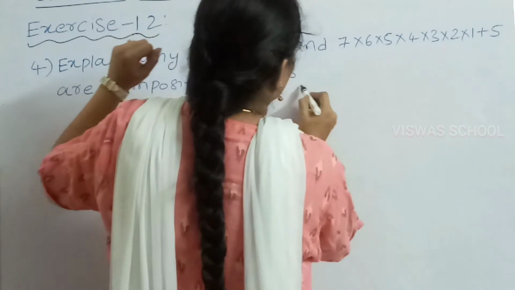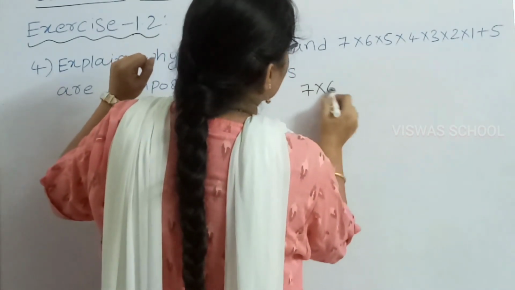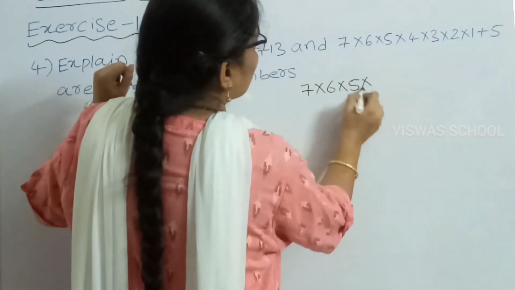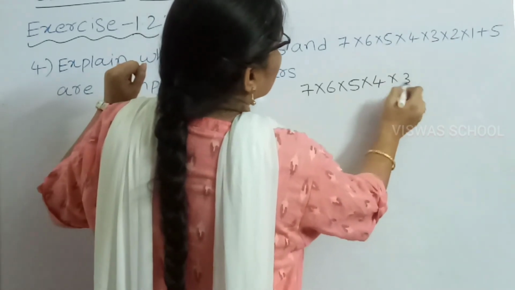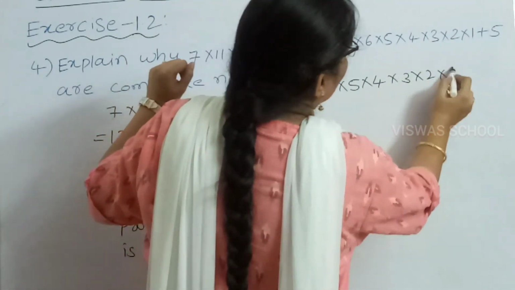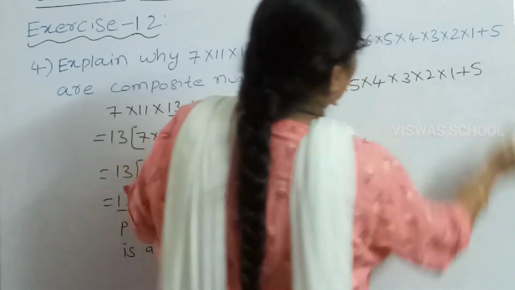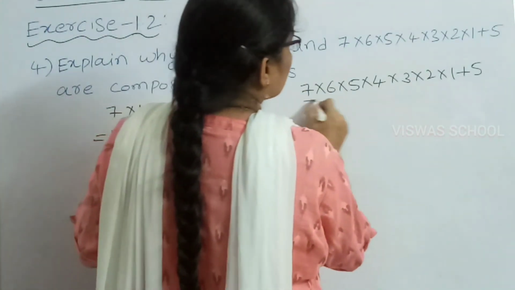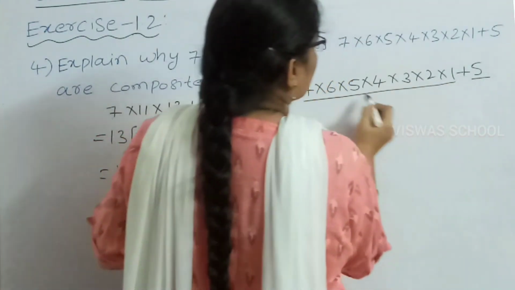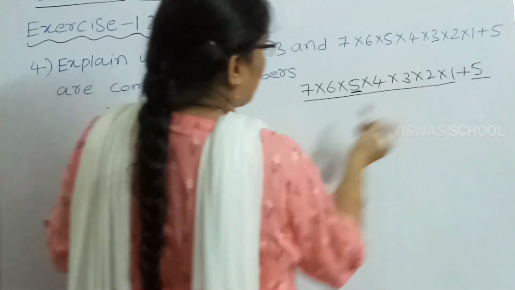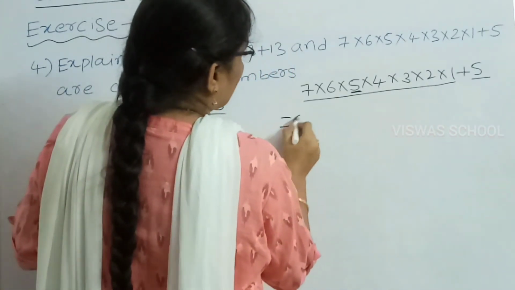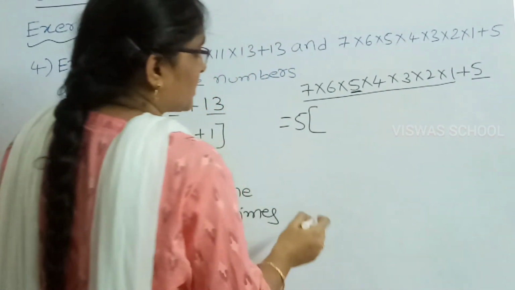What is this? 7 into 6 into 5 into 4 into 3 into 2 into 1 plus 5. In these two, which one is common here? This 5 is the common number. Let 5 be common, then the remaining is what?